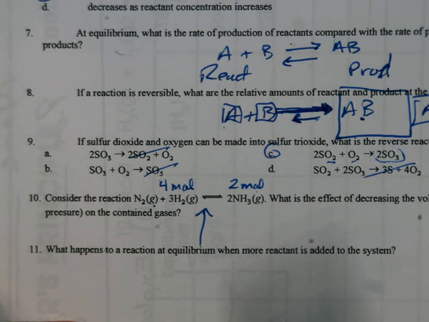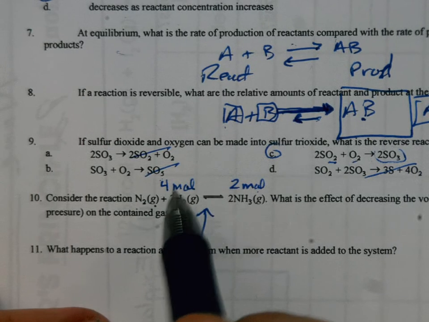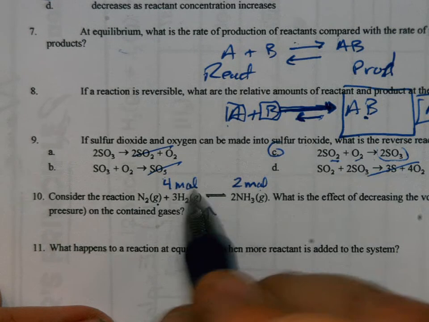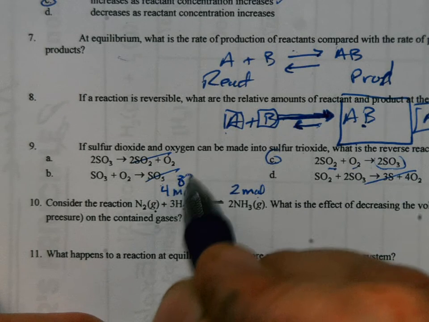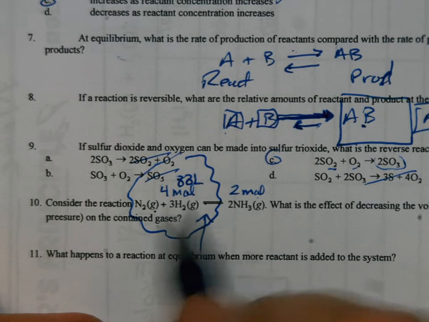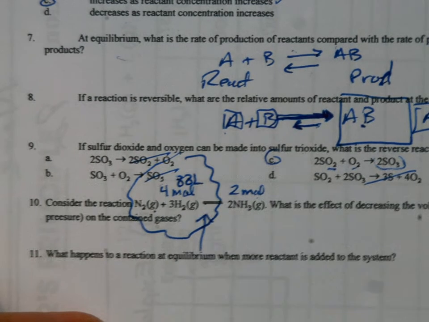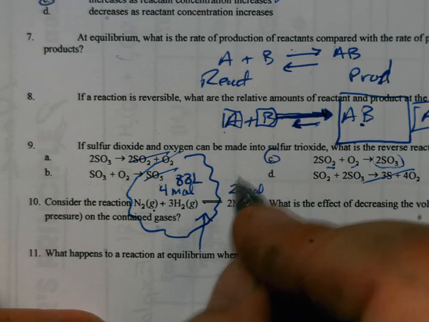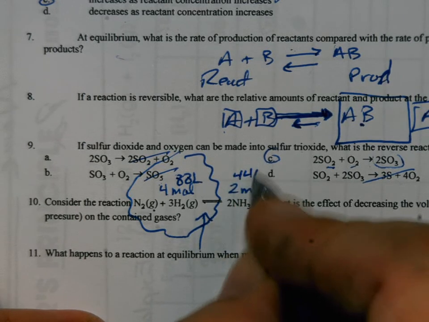Every mole is 22.4 liters, so 4 times 22 is roughly 88 liters. Draw a big bubble, 88 liters of gases. Over here we only have 2 moles, so 2 times 22 is about 44 liters.